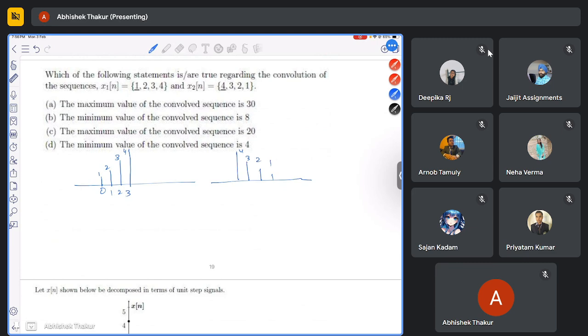This is our x1[n] and this is our x2[n].